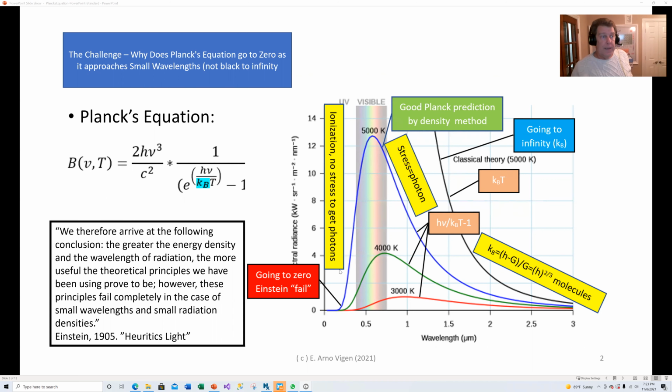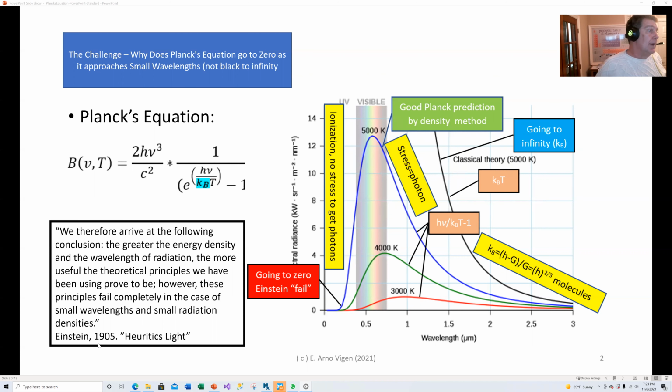Now that's really weird, because ultimately the procedures of quantum theory predict this line, the blue, all the way up perfectly until there.